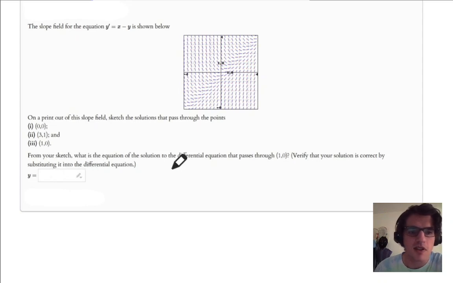From your sketch, what is the equation of the solution to the differential equation that passes through 1, 0? Okay, 1, 0. So they want us to come up with an equation for this. So we're thinking it must be a graph that looks familiar, right? And it does look quite linear, right?